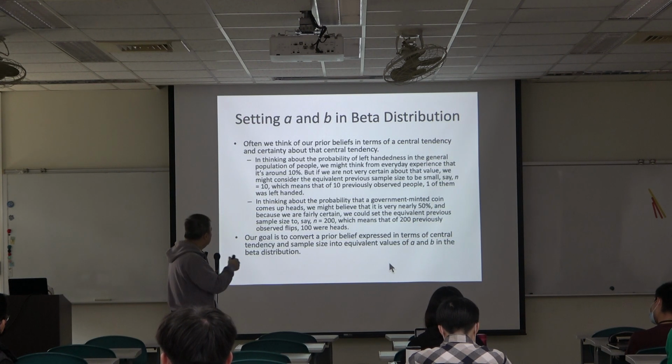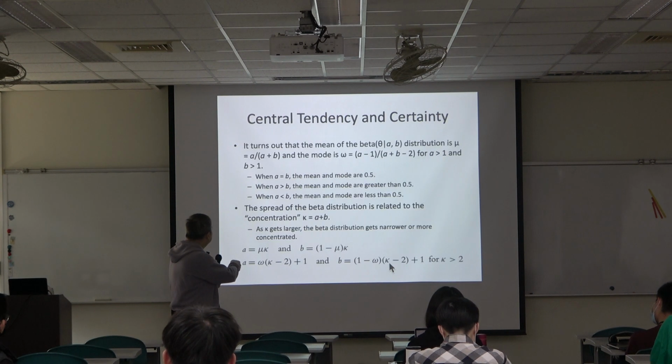Because mu is going to be 1 over 10, which is 10%.